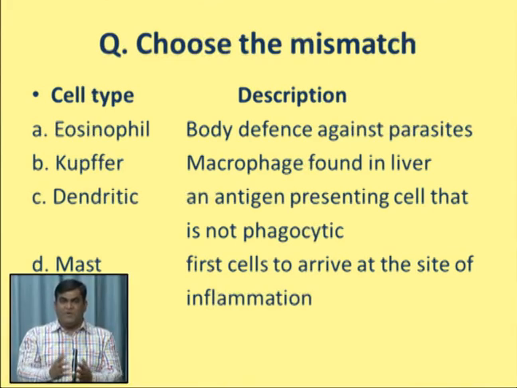Eosinophil, body defense against parasites, actually it is right. Kupffer cells, they are the macrophages found in the liver, right. Dendritic cell, an antigen presenting cell that is not phagocytic. And fourth, mast cells, these are the cells which are first to arrive at the site of inflammation. This is also right. So the mismatch here is dendritic cells.